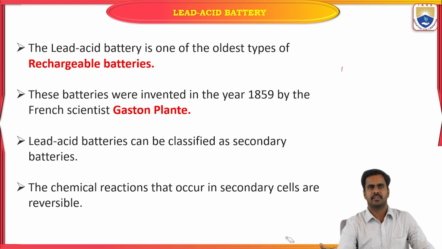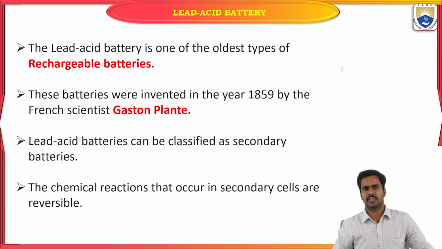Here is a small introduction about lead-acid battery. It is the oldest type of rechargeable battery, invented by Gaston Plante in the year 1859. It is classified as a secondary battery. The chemical reactions occurring in a secondary cell are reversible, that is chemical to electrical energy and electrical to chemical energy.